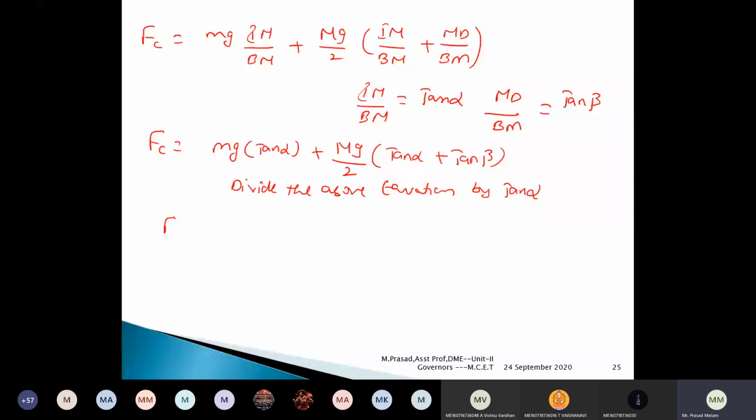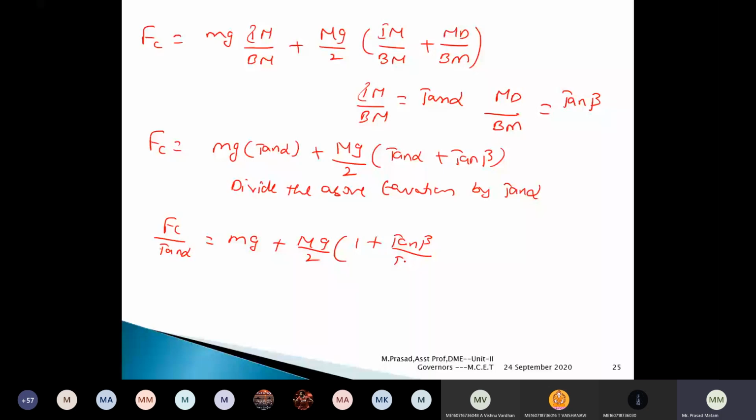Fc by tan alpha is equals to m into g plus capital Mg by 2 into tan alpha by tan alpha, I'm getting 1 plus tan beta by tan alpha.